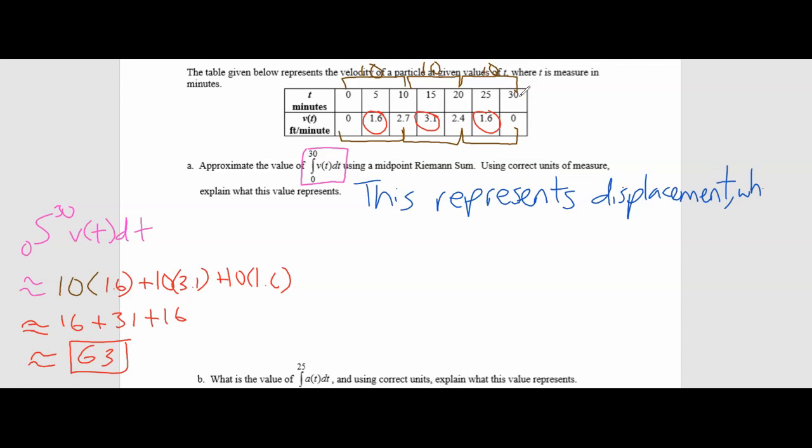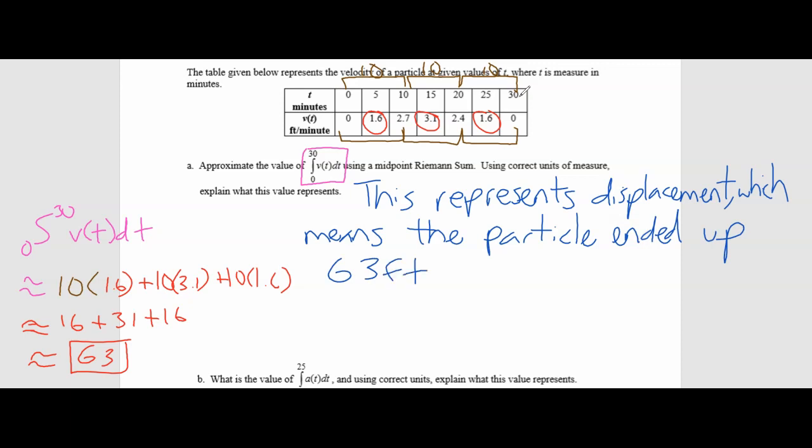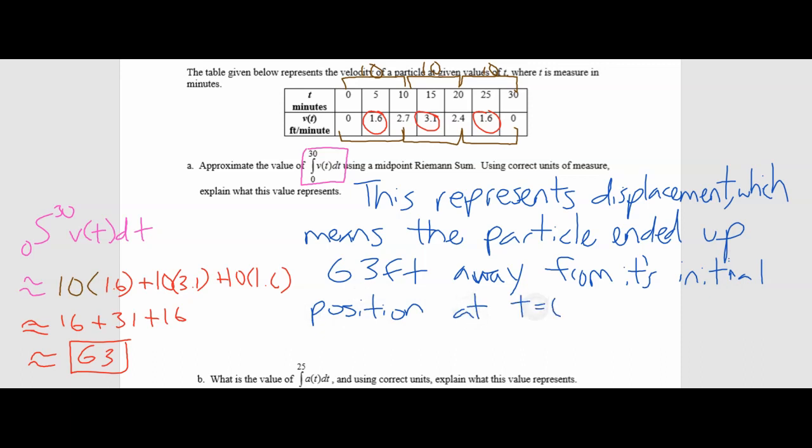Which means the object, or the particle rather, ended up 63 feet away from its initial position at t equals 0.